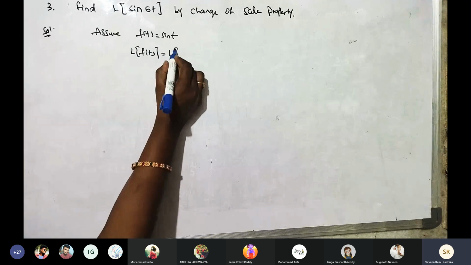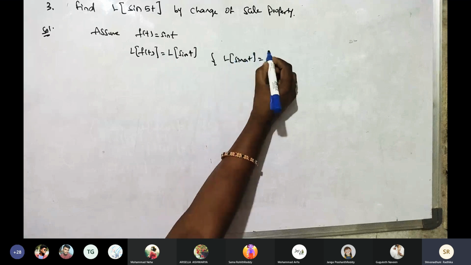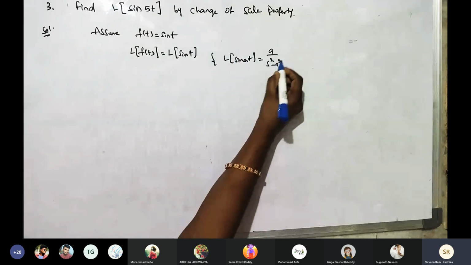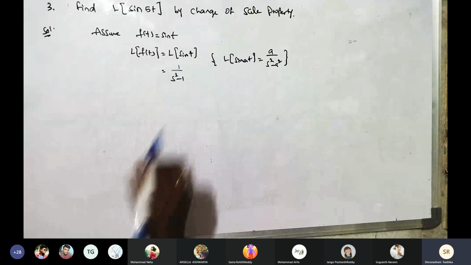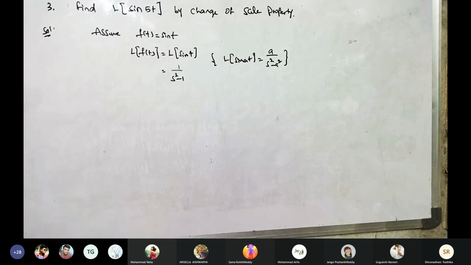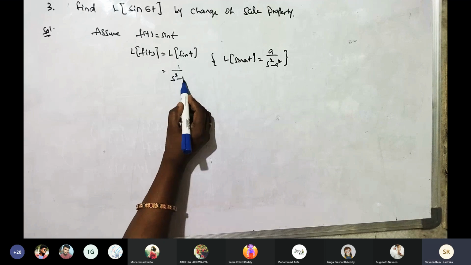What is the formula of L of sin at? It is a by s square plus a square. In the place of a, we have only 1, so 1 by s square plus 1.